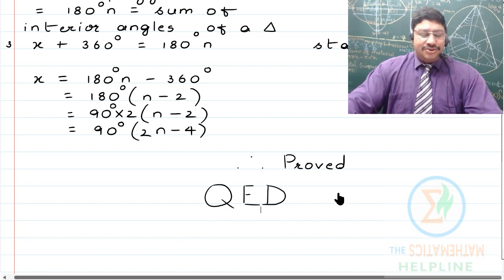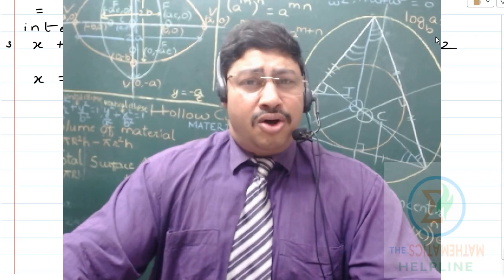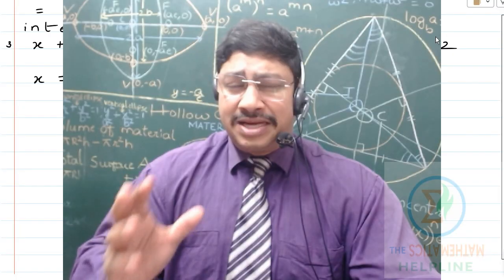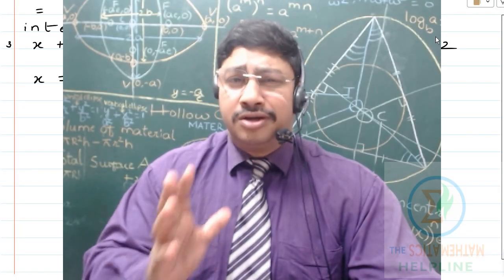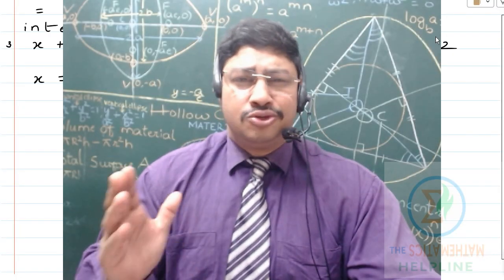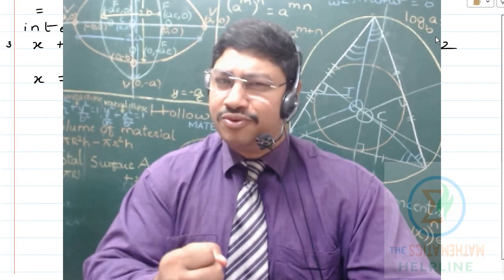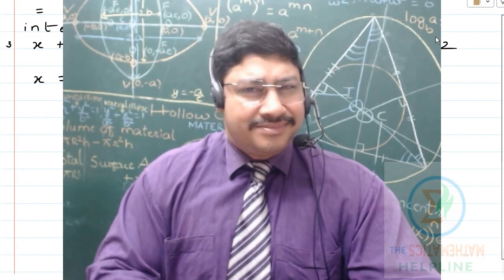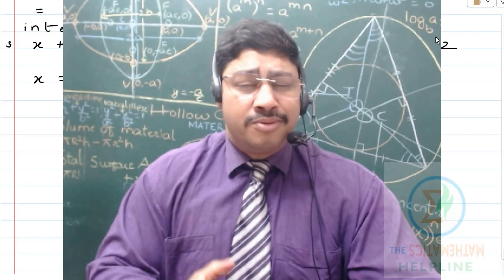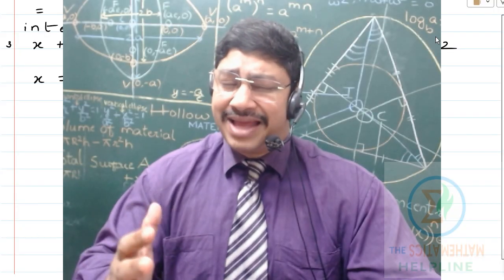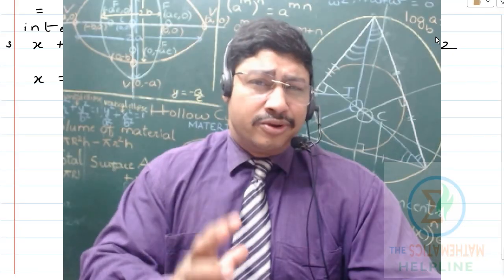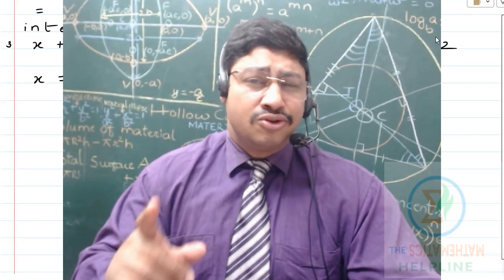Okay, so this is how we've been able to understand how we can find out the sum of the interior angles of a convex polygon, and it comes out to be 2n minus 4 times 90 degree. And now you also have a solid proof of this. I'm sure you must also now be clear about the ambiguity that you had, about what is going to be the sum of the interior angles of a concave polygon.